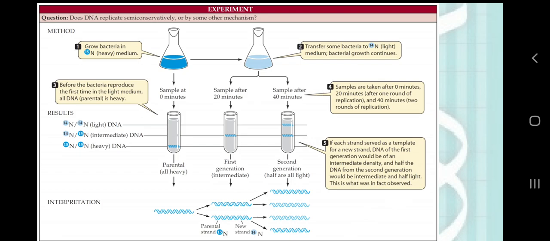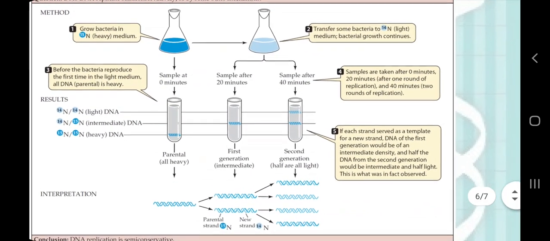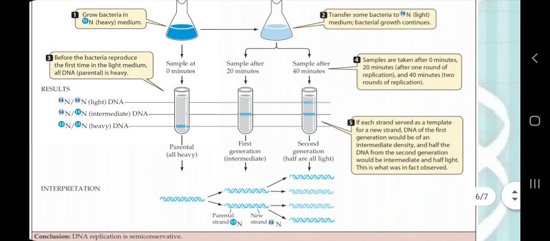By providing NH4Cl, ammonium chloride, having light nitrogen or heavy nitrogen to the E. coli bacteria. They divide in 20 minutes. Then he used a light isotope and heavy isotope, with the difference of one neutron, and he centrifuged the samples at 0 minutes, after 20 minutes, and after 40 minutes.